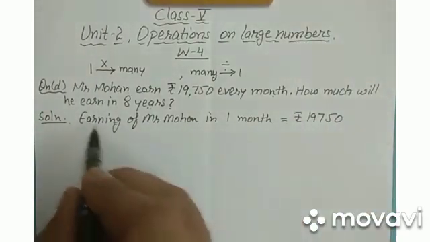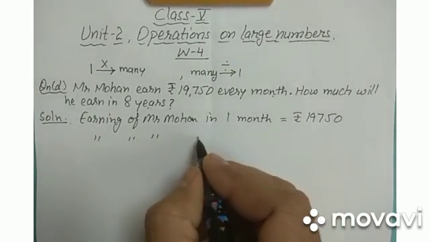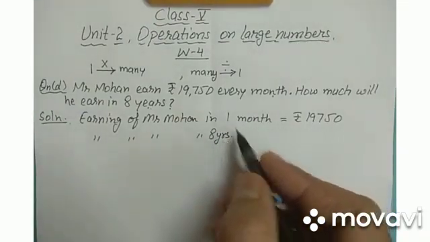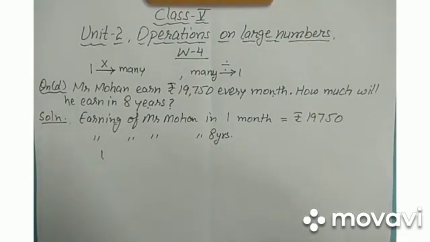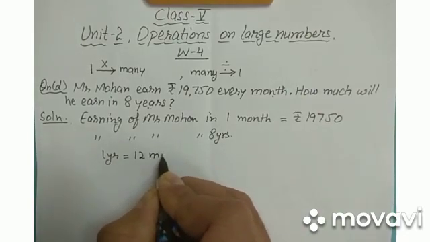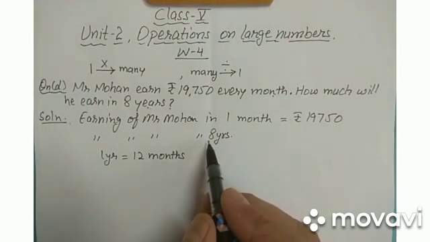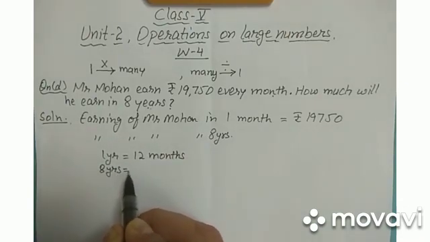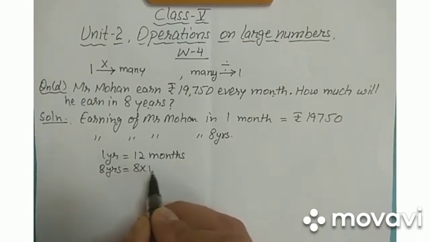Now what we have to find out? Earning of Mr. Mohan in 8 years. So we have to convert these 8 years into months. How many months are there in 1 year? Yes, there are 12 months in 1 year. Now we have to find out the number of months in 8 years. So for this we have to multiply 8 by 12 months.